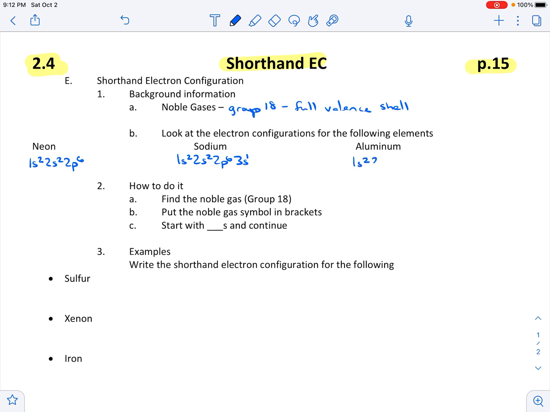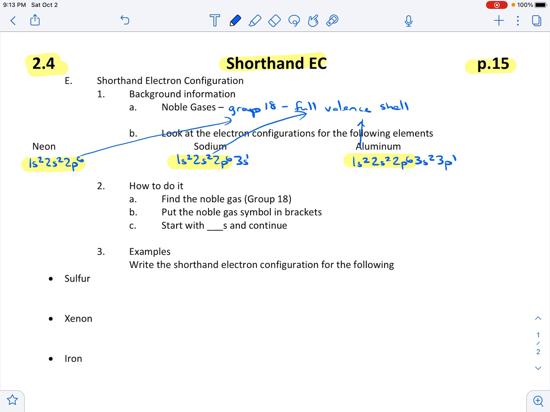Aluminum is 1s2, 2s2, 2p6, 3s2, 3p1. Now, hopefully you notice something that looks the same throughout. Look at how it's present in each of them: the 1s2, 2s2, 2p6. And we said having a full valence shell actually makes you unreactive.